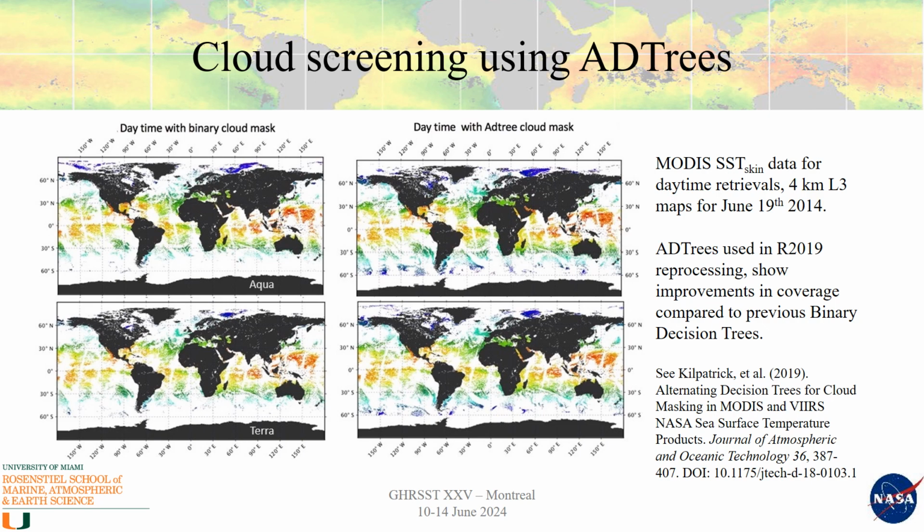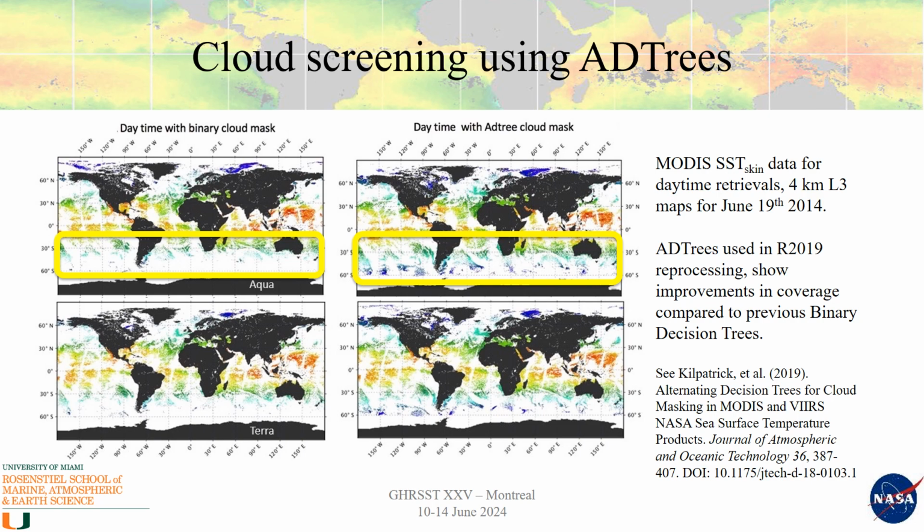The thresholds and the tests themselves were determined by machine learning, and it became apparent that this was a much better approach in that it classified far more pixels as being cloud-free or free from cloud contamination.